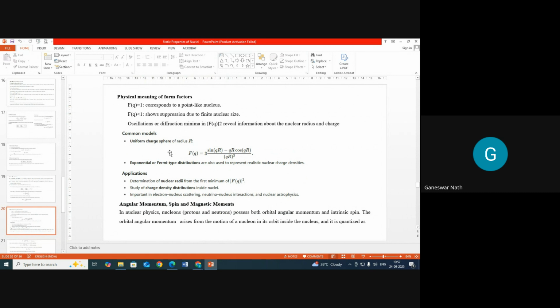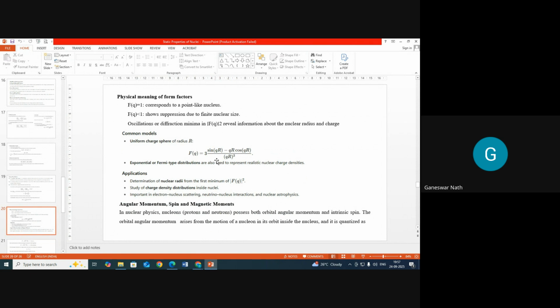The oscillations or diffraction minima appear when you perform the experiment, and depending on the location of the minima or the peak value, we can also calculate the size of the nucleus. There is a common model, called the uniform charge sphere of radius R, which is given by F(q) equal to 3 times (sin qR minus qR cos qR) over (qR) cubed.